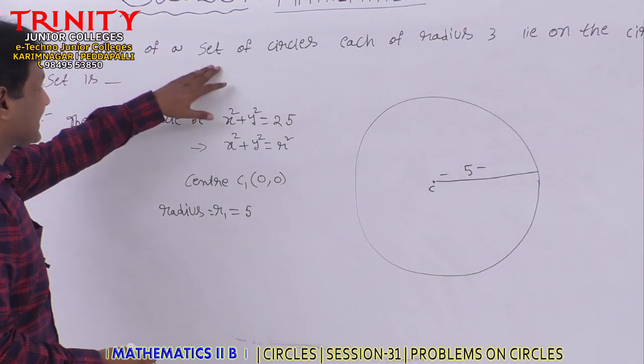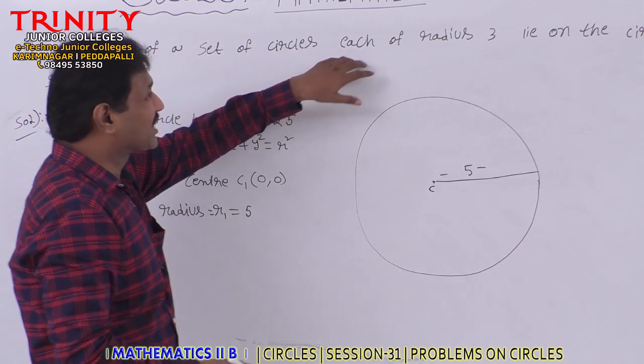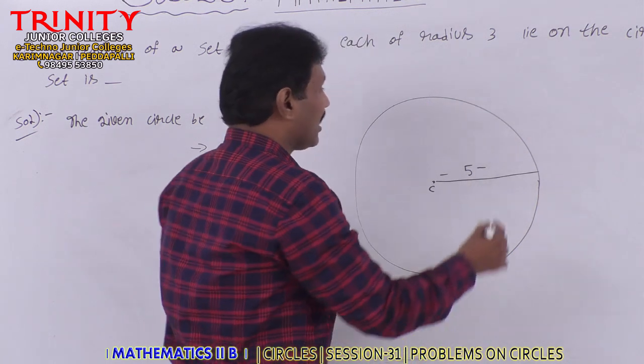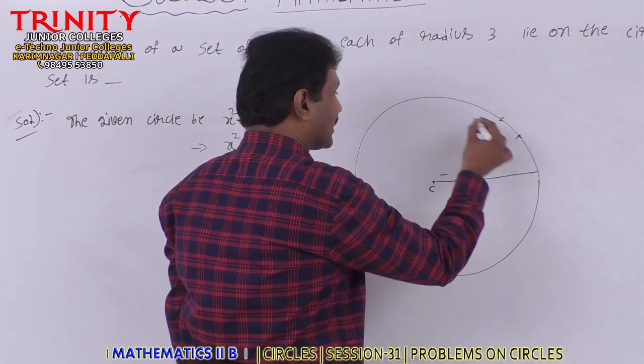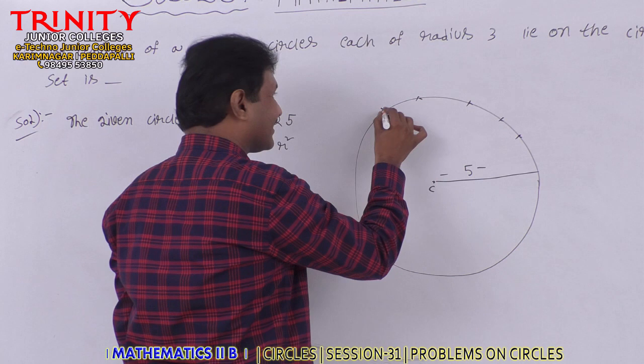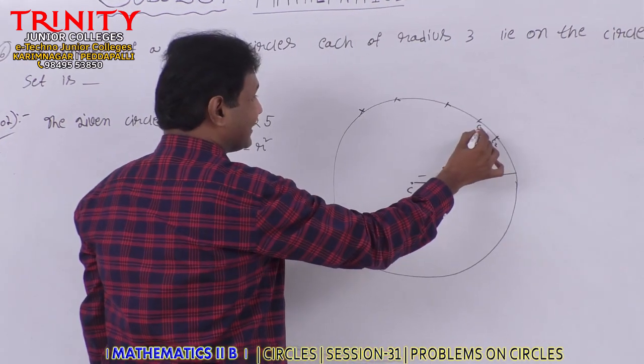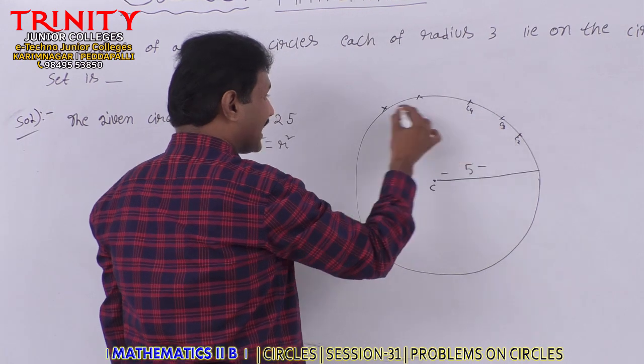The centers of a set of circles, each of radius 3, lie on the circle. The required locus for all the centers lies on the circle. These are C2, C3, C4, C5.